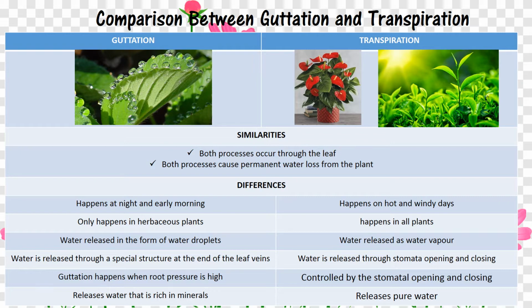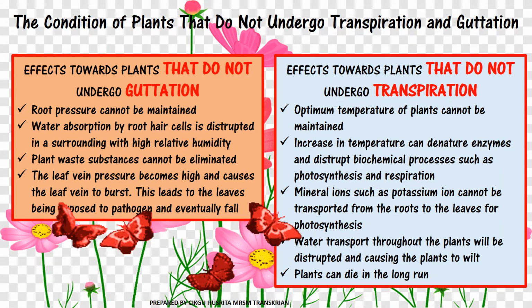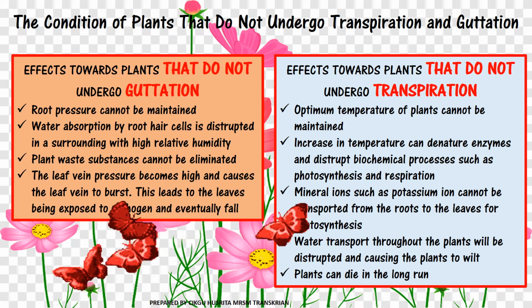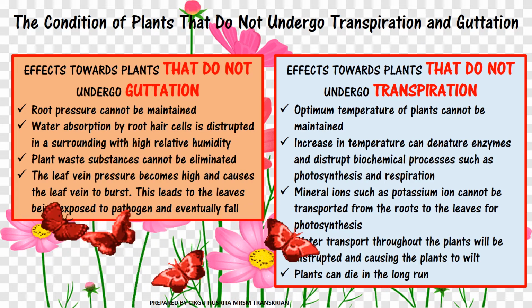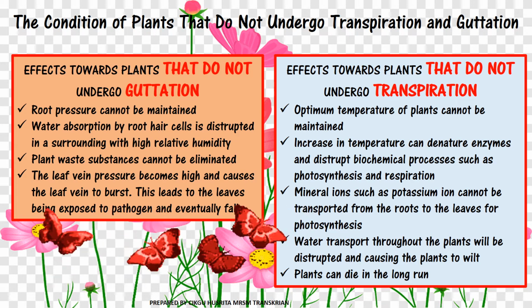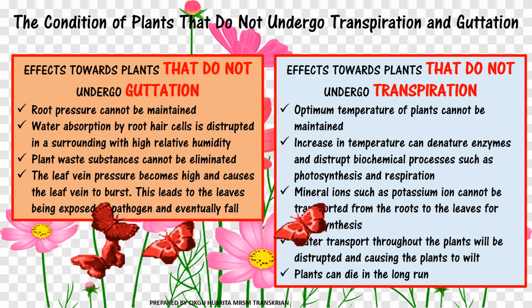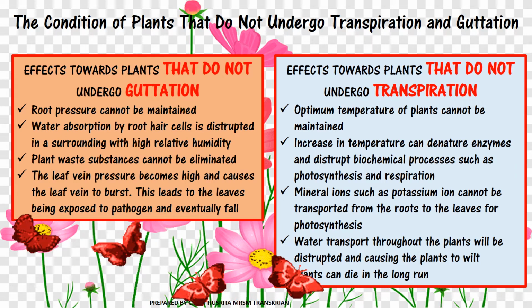Okay, what happens if guttation does not occur? The first one, root pressure cannot be maintained. The second one, water absorption by root hair cells is disrupted in the surrounding with high relative humidity.